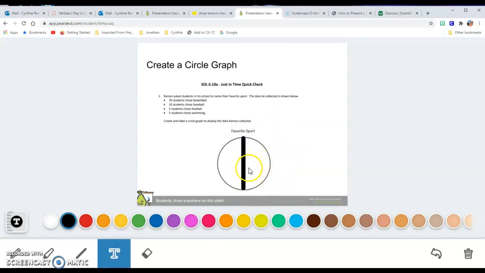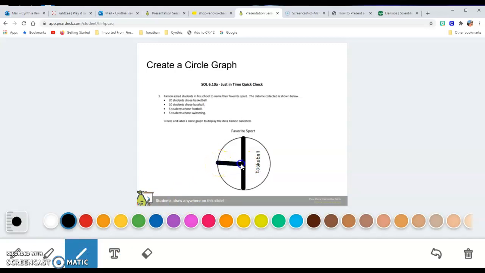And that's going to be my basketball. I know that 10 students is 25%, so that's a quarter.